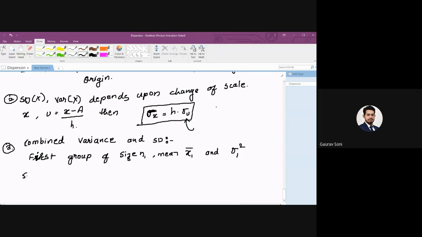We have the second group of size n2, mean x2 bar and sigma 2 square as the variance.